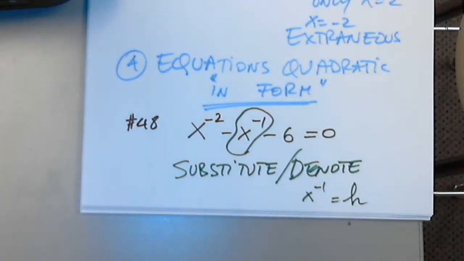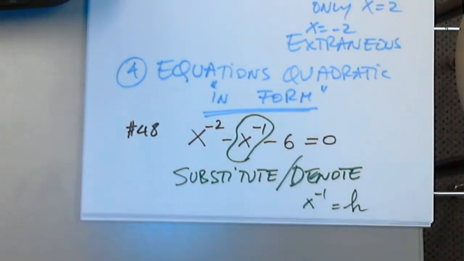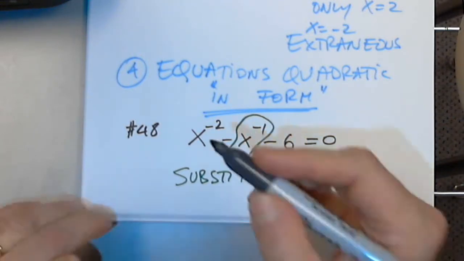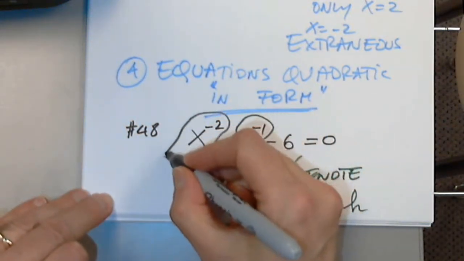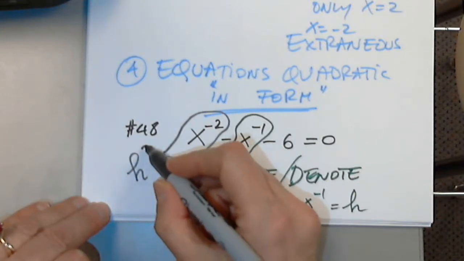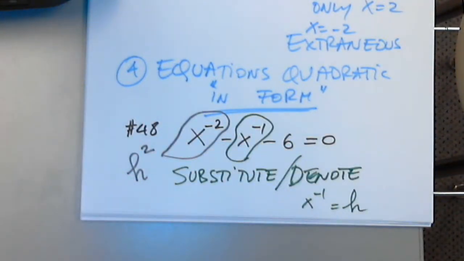H is good. Now, if I show that this piece can be replaced by h squared, then I'm in business. And then I'll say this equation is quadratic in form, but I have to make sure that that's true.